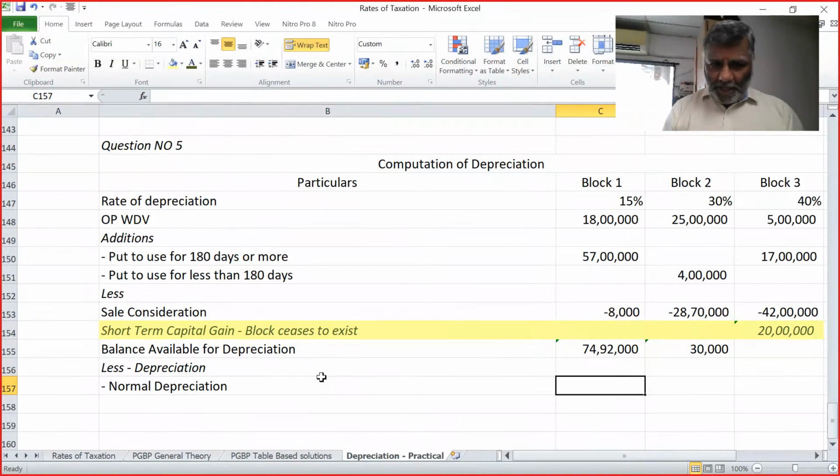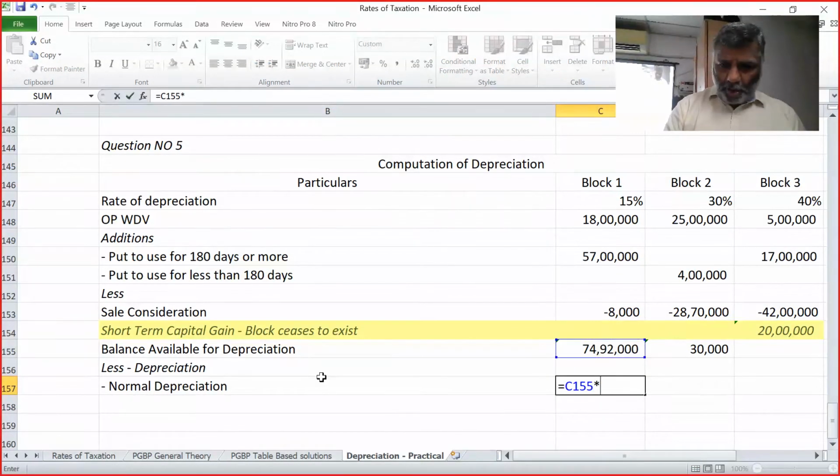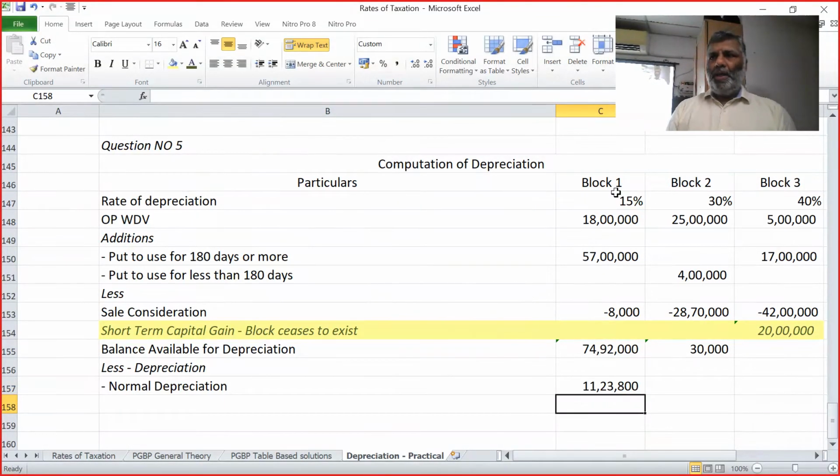Normal depreciation directly: 74 lakh 92,000 into 15% is 11 lakh 23,800.